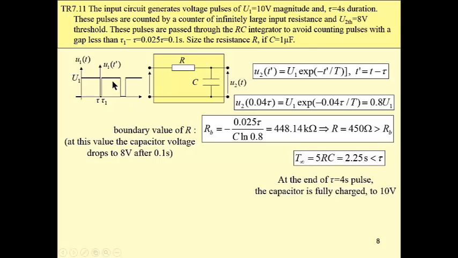I mean, the voltage is greater than 8 if the duration of the gap is equal to or less than 0.1 seconds. We may check whether the steady state condition is reached for such a pulse of 4 seconds. Obviously, yes, steady state is reached after 225 seconds.